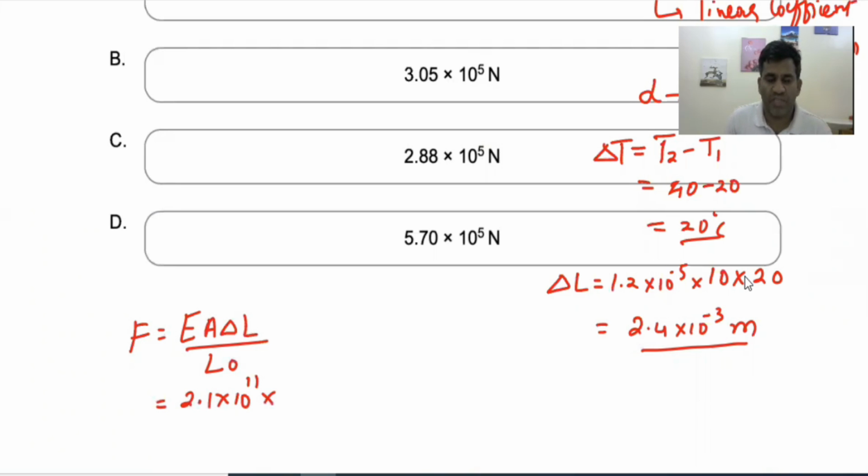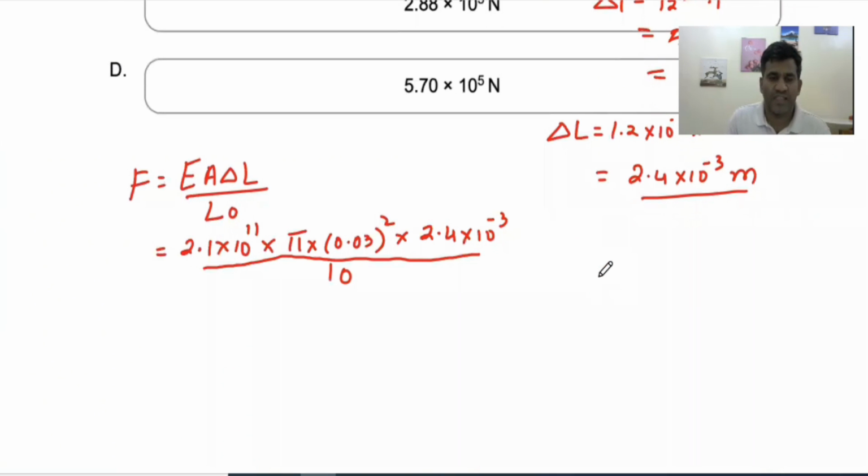Area is pi times 0.03 squared, times the change in the length, delta L, which we got as 2.4 into 10 to the power minus 3. This whole result is divided by L naught, the initial length we had, 10 meter. After inserting these values in the calculator, you'll get the answer.